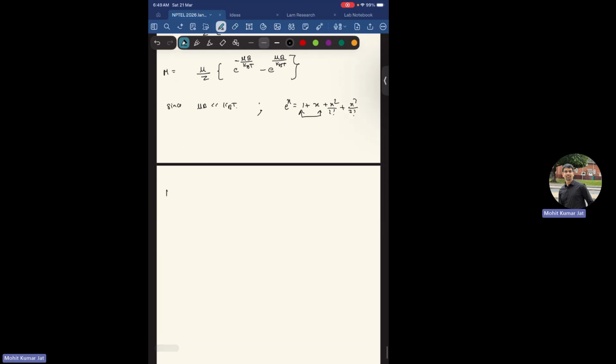So we do so, M is equal to mu by Z times e to the power, so this will be 1 minus mu B by kBT minus 1 minus mu B by kBT.